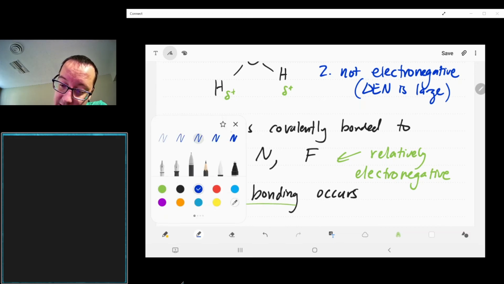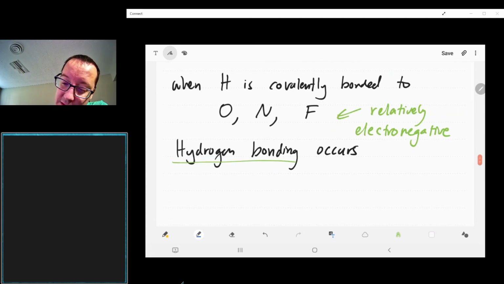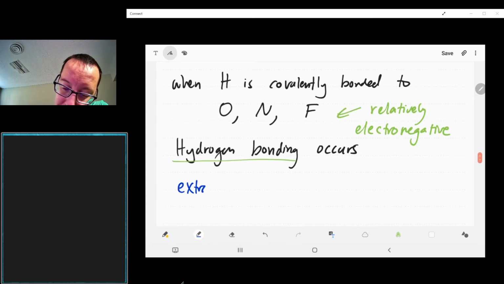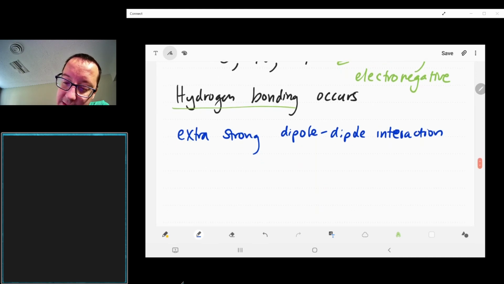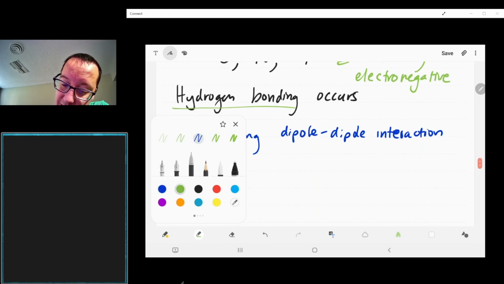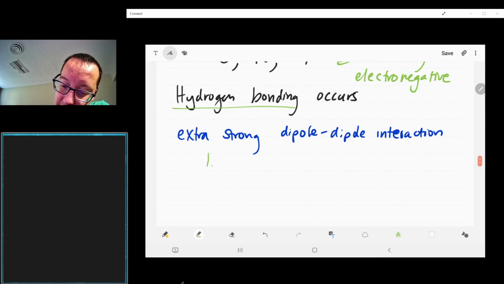And this is just going to be an extra strong dipole interaction. And we see that it's extra strong, again, for two reasons here. Because hydrogen is small, molecules can get close.